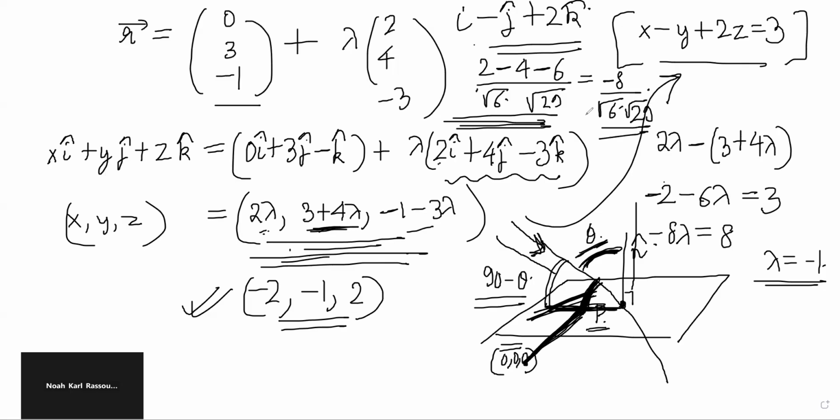That is equal to cos theta, correct? That is the angle between the line and the normal. So 90 minus that angle will be the angle between the line and the plane, correct?